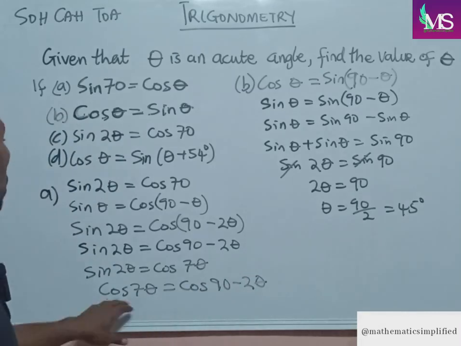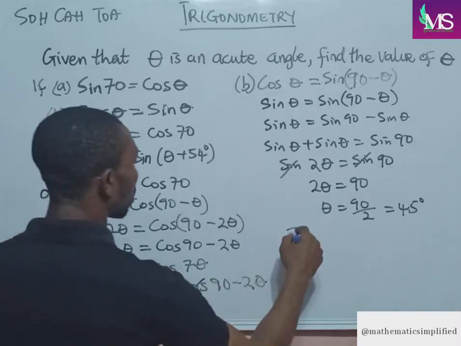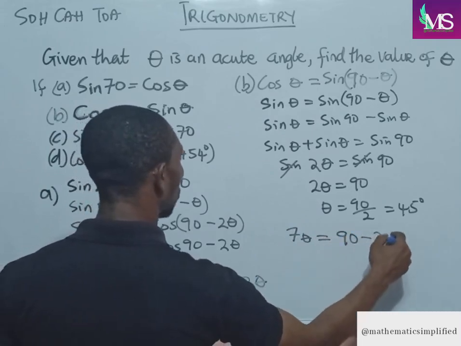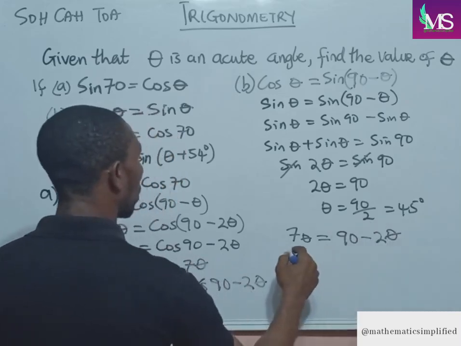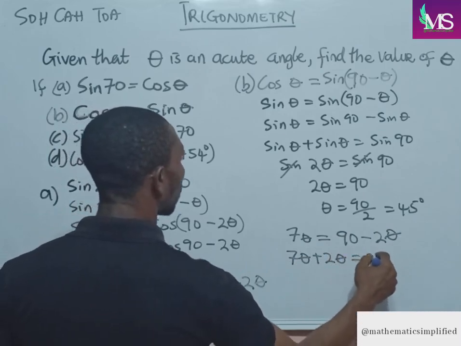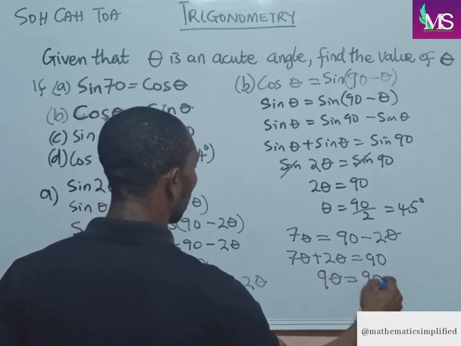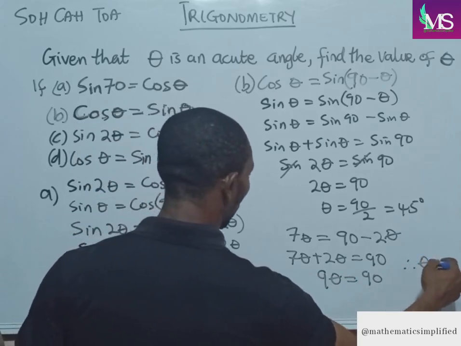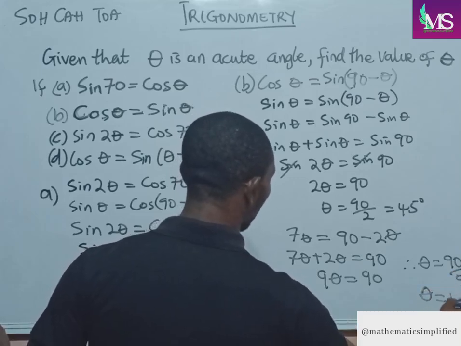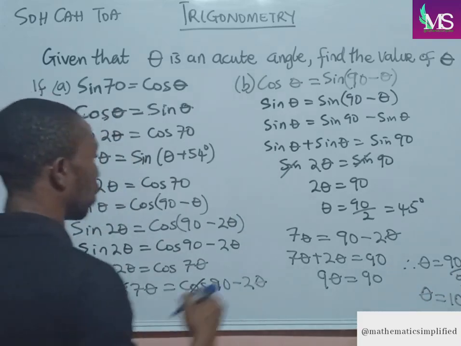Now, bringing our terms together, the cos cancels, leaving us with 7 theta equals 90 minus 2 theta. So going over will become 7 theta plus 2 theta equals 90. So therefore 9 theta equals 90. Theta equals 90 over 9. Theta equals 10 degrees.